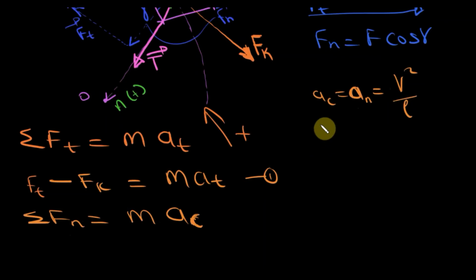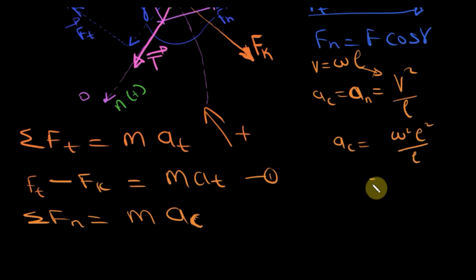We know that linear velocity is related to angular velocity by the radius of curvature. Substituting that in, centripetal acceleration is omega squared L squared over L, which reduces to Ac equals omega squared L.